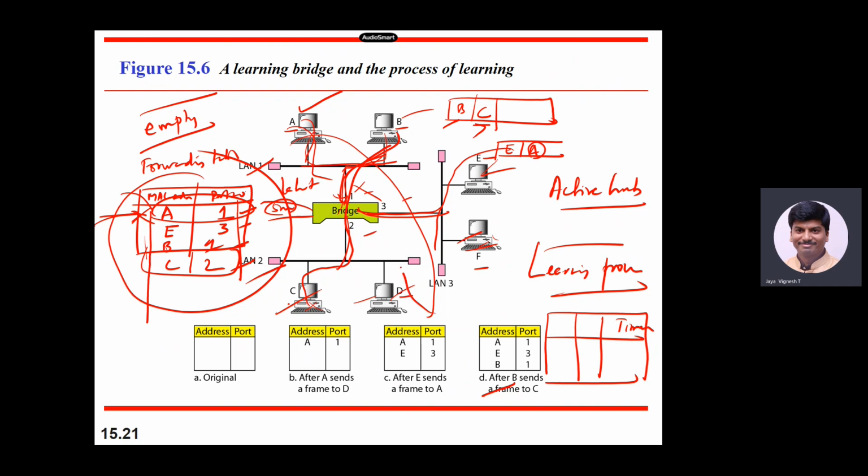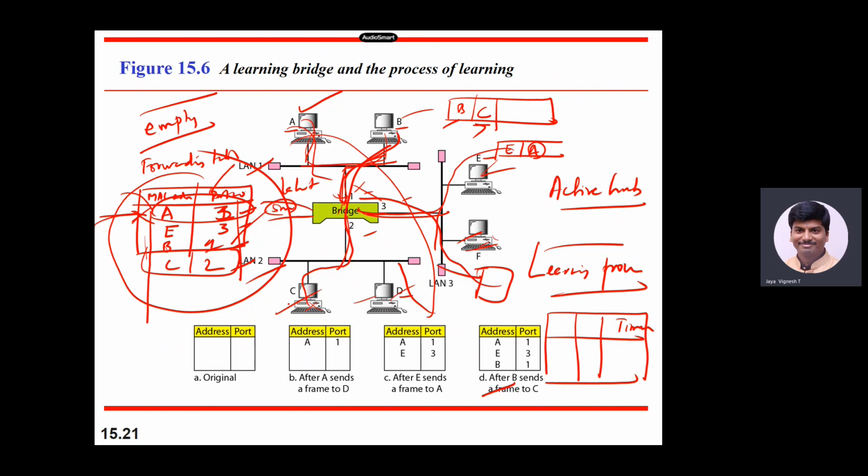But if A is now moved to LAN 3, it is going to generate a frame freshly to some other stations. Then you will add another entry, this time where A is mapped to port 3. So even if the station is moved from one LAN to another LAN, all of this is going to be dynamically updated in your learning, forwarding table.